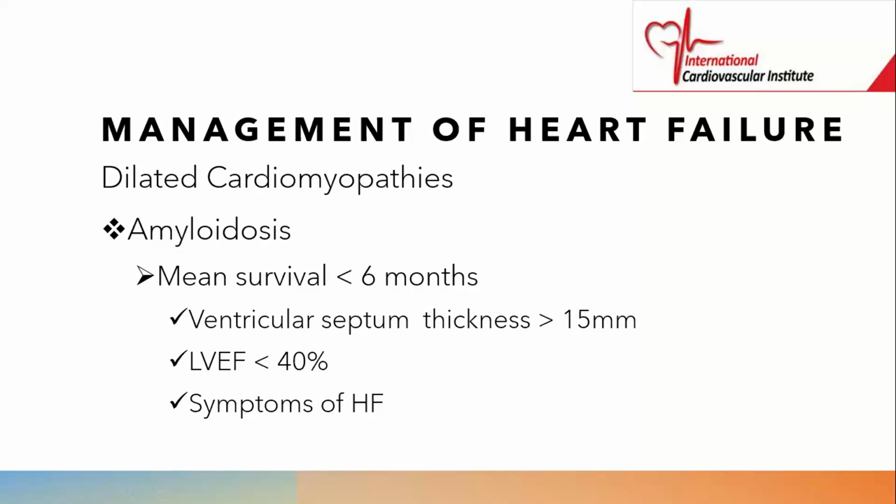Okay? And we will sort of have an idea if the septal thickness on the echo is greater than 15 millimeters, if the ejection fraction is less than 40%, and then if the patient has symptoms of heart failure. Again, once you have all of these, the median survival is less than 6 months.